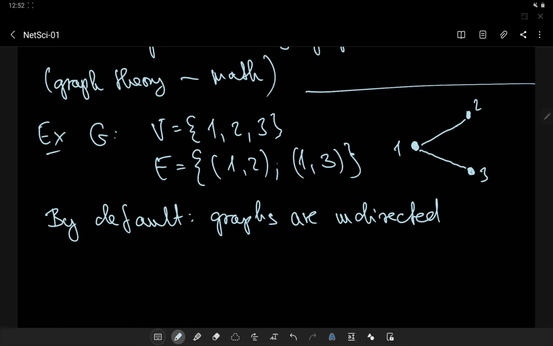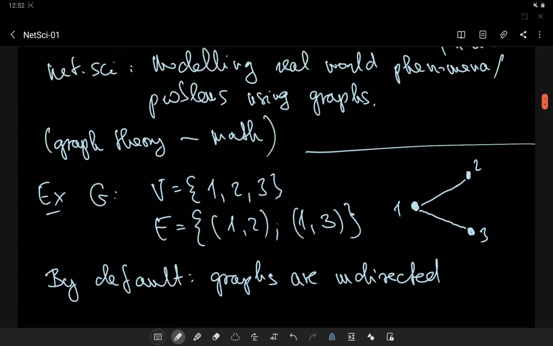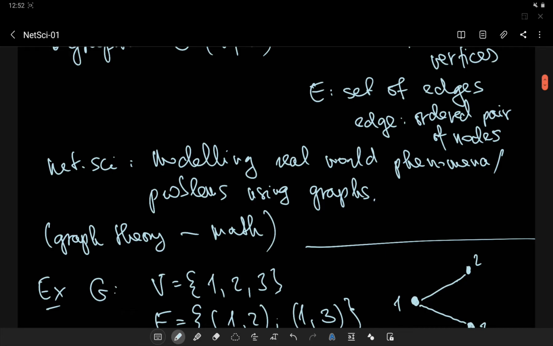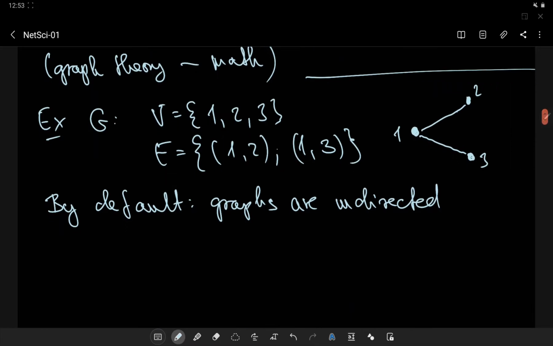Well, as I said earlier, it's a bit of a contradiction here, because what I said is that edges are ordered, but especially for undirected graphs it doesn't make any sense. So in this case, 1 2 and 2 1, these two edges mean the same, so they are not distinguishable.